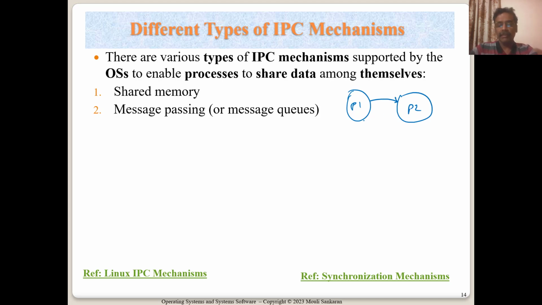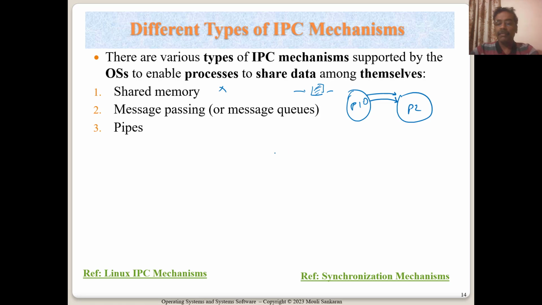Shared memory is one way of doing it, because I said that some part of the main memory is allowed to be seen by both of them. That's one way of doing it. But if I don't have this feature, I can actually use the message passing feature, wherein I bundle some data, maybe 10 bytes, 100 bytes, 200 bytes, and send that data across to P2. That is called message passing.